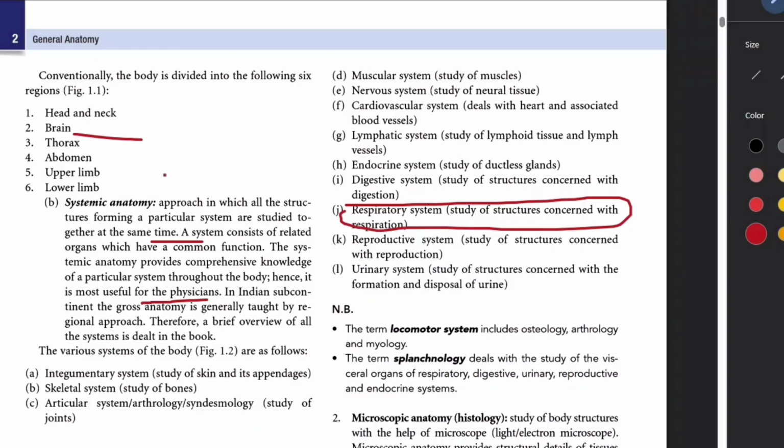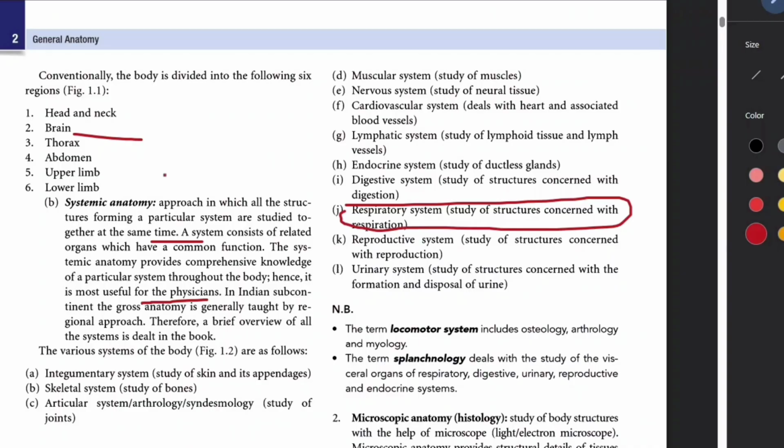Why is it important in anatomy for medical professionals? It helps to diagnose systemic disorders like heart attack. If you study the cardiovascular system, you get to know how a heart attack comes about. If you study the respiratory system, you get to know how an asthma attack occurs.